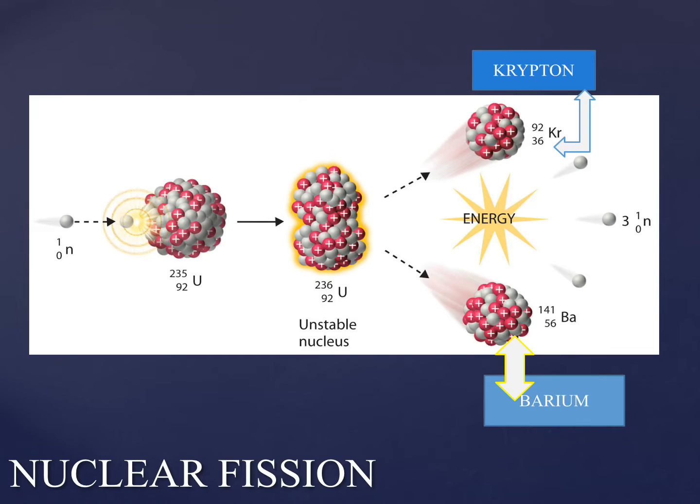Then what happens is actually change into barium 142 and krypton 91.